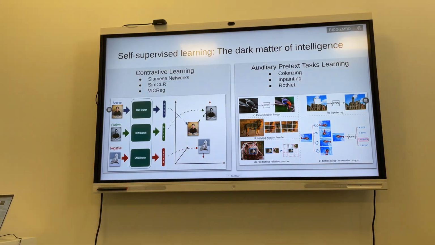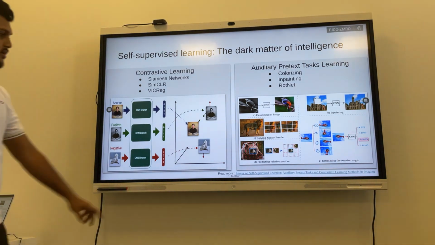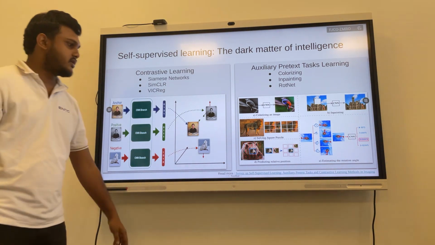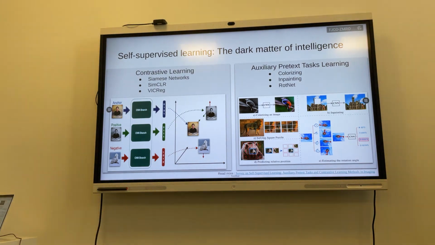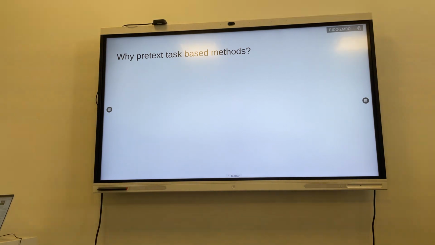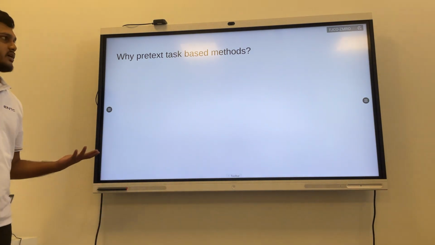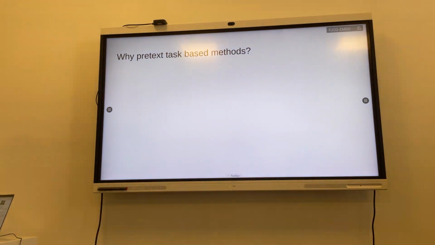You can read this extremely good article on self-supervised learning, which compares contrastive and pretext task methods. Then, why do we need pretext task methods? We saw contrastive methods like SimCLR and VICReg work well, but why do we need pretext task methods then?